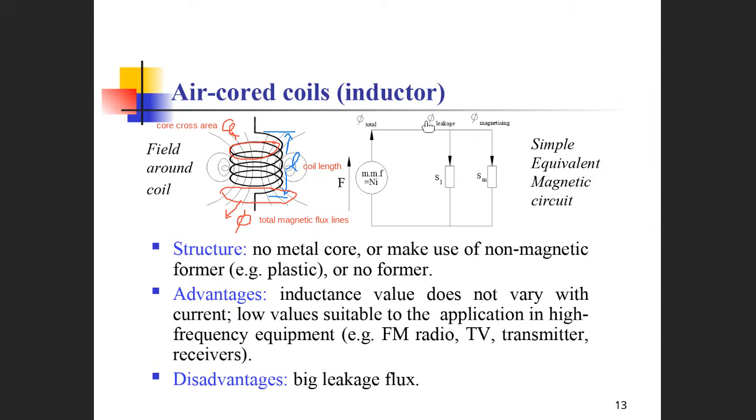The total flux goes out from the north pole, and in the air goes back to the south pole. So imagine that the magnetic field can spread in the air anywhere.